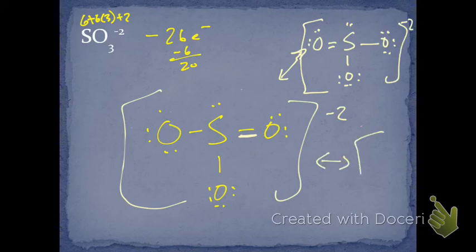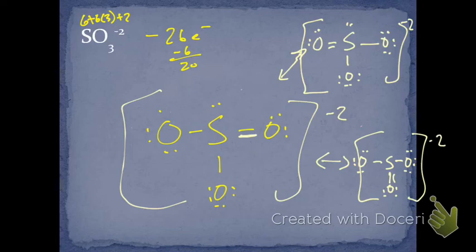I'm just going to try to squeeze it in here. So they could go this way, right? -2. So you can see those double headed arrows would also work here. That's what it's showing, resonance. There are three possible structures.